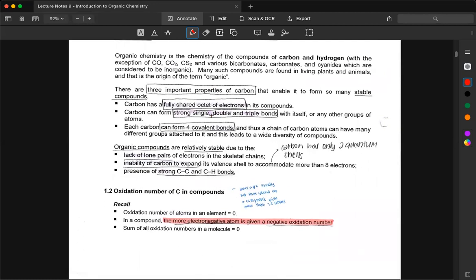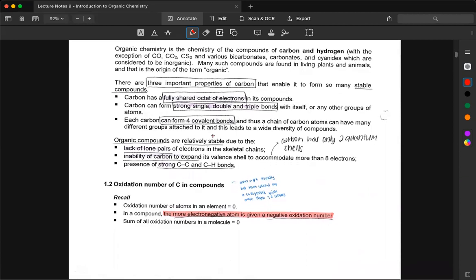There are three important properties of carbon. Number one, carbon has a fully shared octet of electrons in its compounds. So when carbon forms a compound by sharing electrons, it will obtain an octet configuration. And carbon can form strong single, double, or triple bonds.